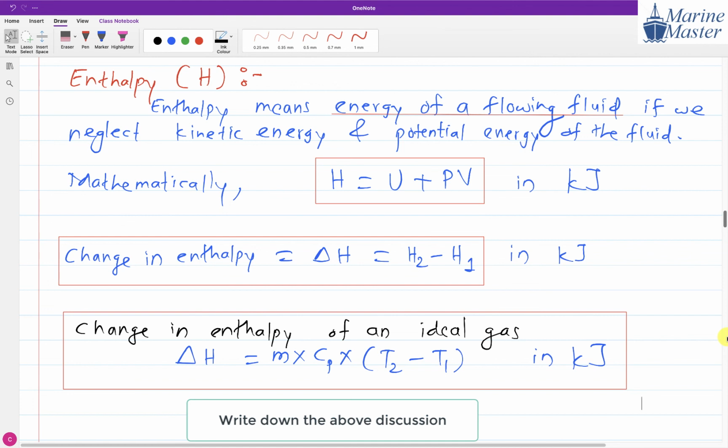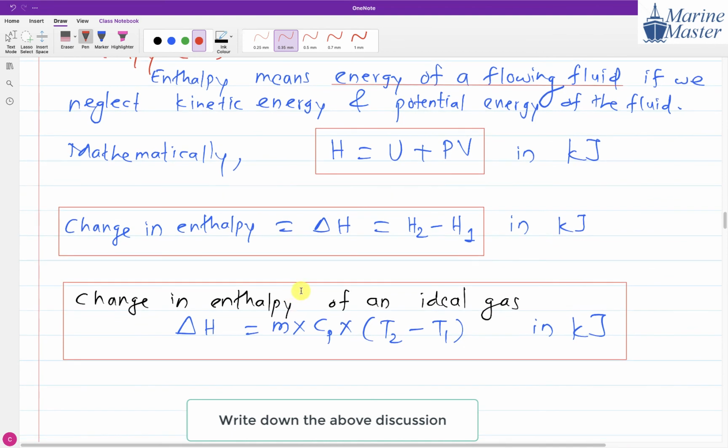Change in internal energy, delta U, is m Cv (T2 minus T1) for an ideal gas, and change in enthalpy of an ideal gas is m Cp (T2 minus T1). So this is the expression.